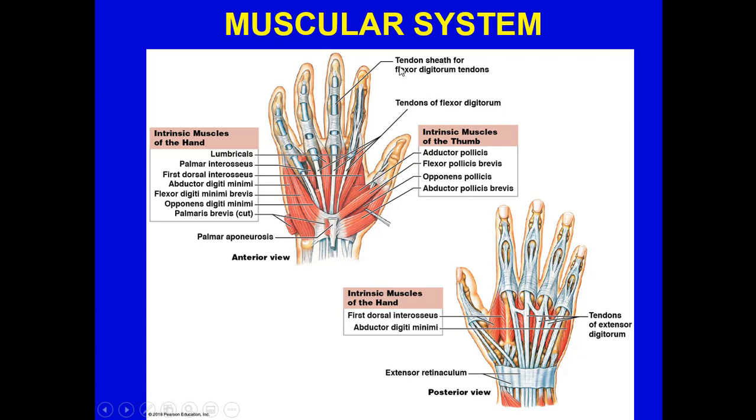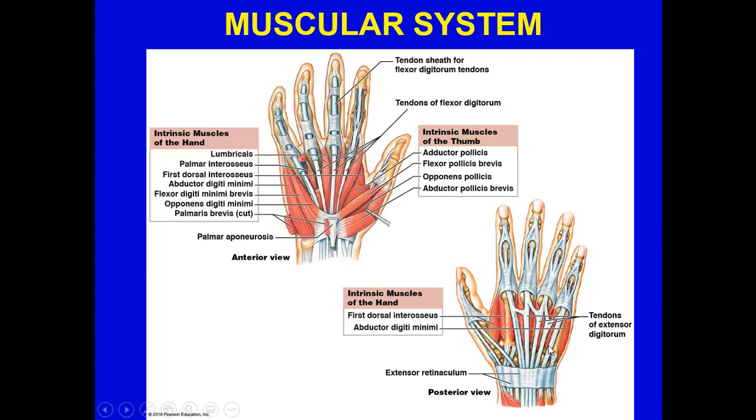Now, if you look here, you've got tendon sheaths of the flexor digitorum tendons here, tendons of the flexor digitorum here, here, here, etc. The extrinsic muscles of the thumb include the adductor pollicis, right here, the flexor pollicis brevis, right here, the opponens pollicis, sort of buried underneath here. That's why you had to have this pulled back and retracted, and the abductor pollicis brevis right here. Okay?